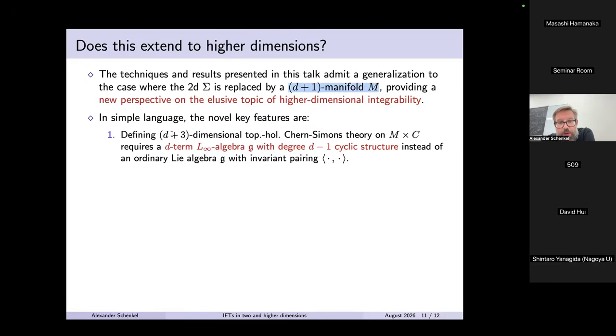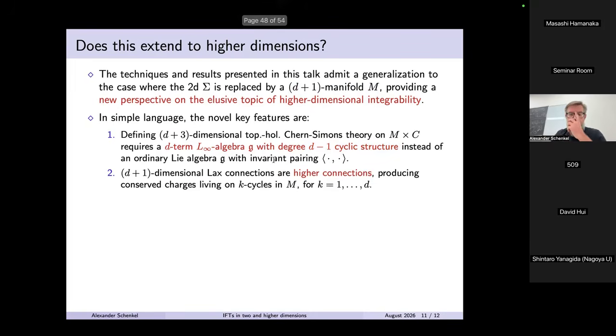In order to define this d plus 3-dimensional topological holomorphic Chern-Simons theory, you need this d-term L-infinity algebra and a cyclic structure. And this cyclic structure also has a non-trivial degree d minus 1. So in the traditional case, that's just a normal Lie algebra with an ordinary invariant pairing. But here in general dimensions, you need different algebraic inputs.